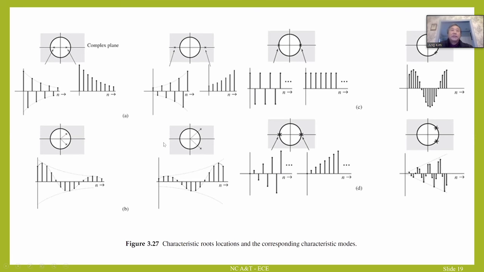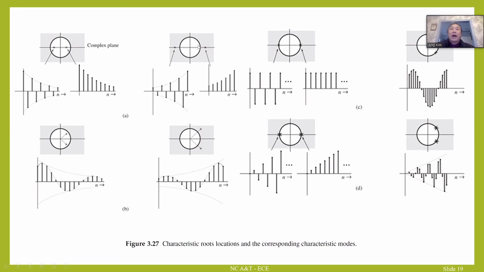Okay, for example, in these cases, suppose the pole is on the real axis and inside of the unicircle, then it is decaying like that. And if in this case it is minus, up and down, -1, it converges anyway, so it's stable. In the case of a complex value inside of the unicircle, it is oscillatory, but it converges.